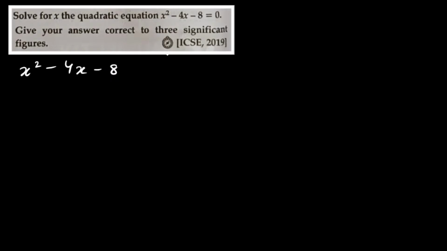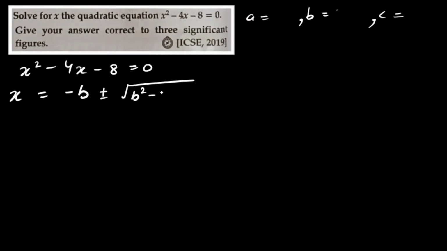First of all, tell me the values of a, b and c. And we'll solve it using the quadratic formula. So x is equal to minus b plus minus square root of b square minus 4ac by 2a.